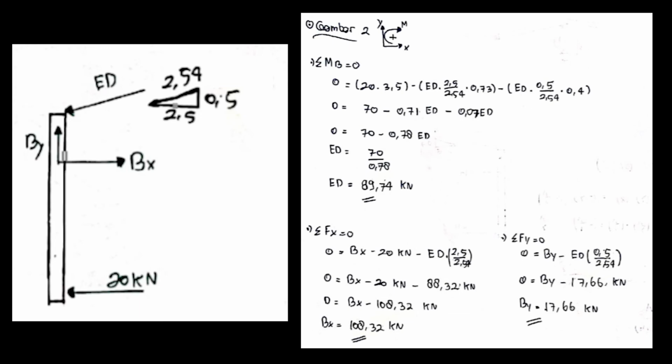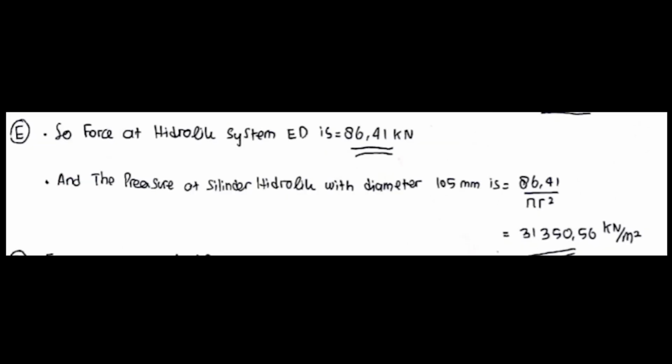And we move to sigma Fy and we get force at By. So force at hydraulic DE is 86,41 kN. With the pressure for the cylinder hydraulic with diameter 105 mm is 31.350 kilonewton per meter kuadrat.